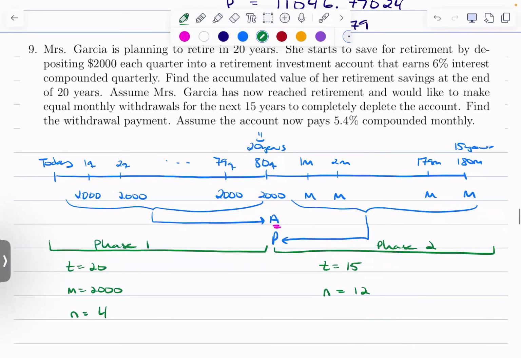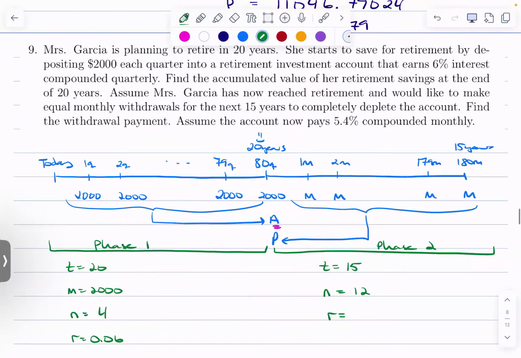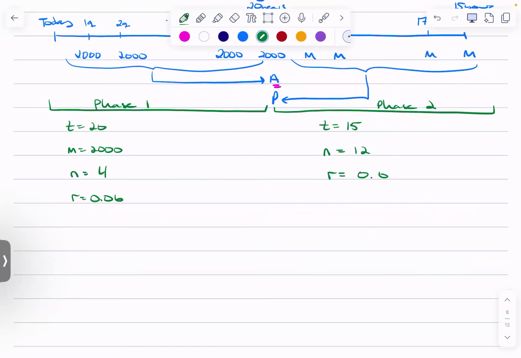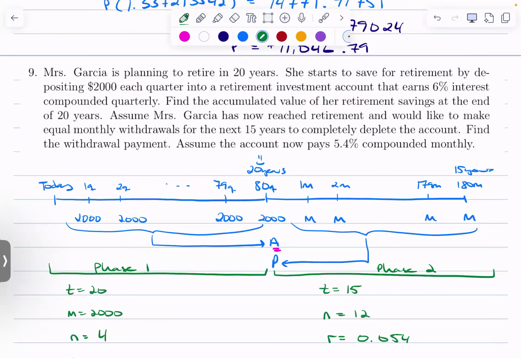And it earns 6% interest in phase one, and it earns 0.054 in phase two. So we have to solve for A in phase one, and then use that as our P in phase two to solve for M.